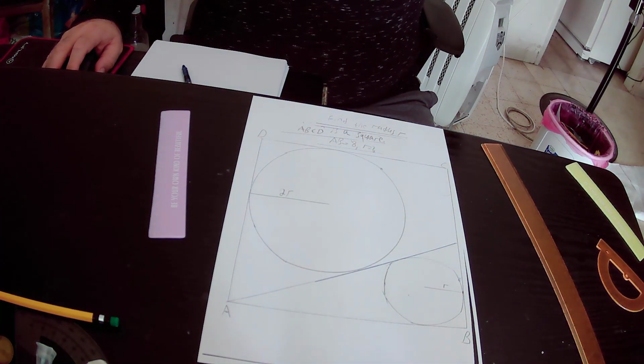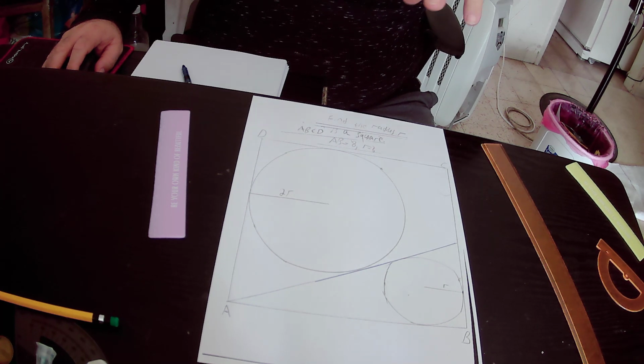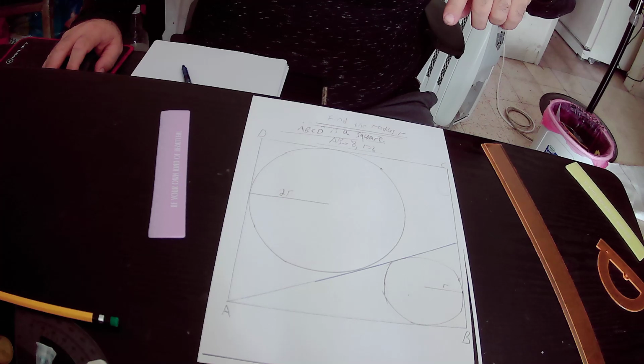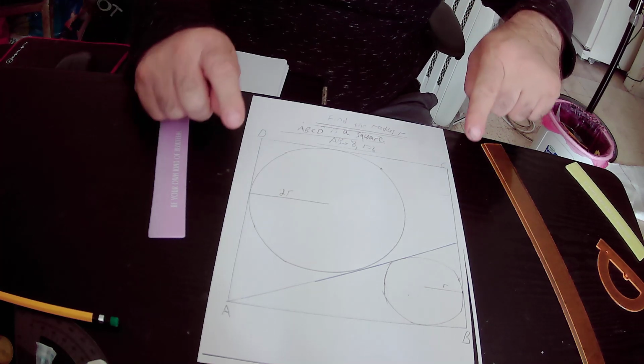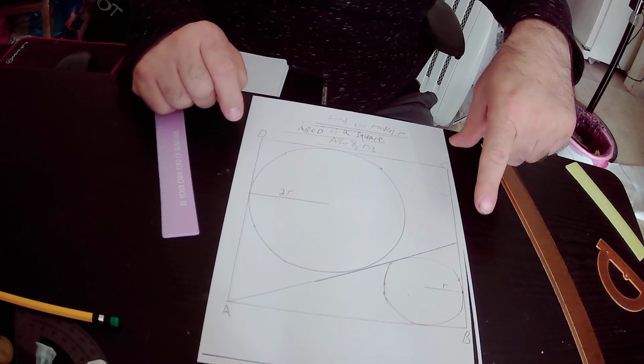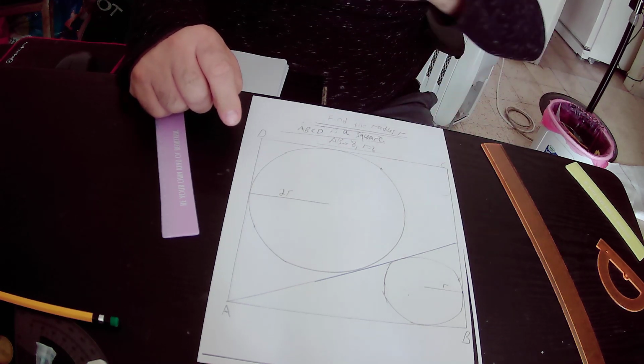And now in this lecture we will find the radius of the small circle. In the drawing we have a square ABCD, and we know that AB equals AD equals DC equals BC equals 8 units.